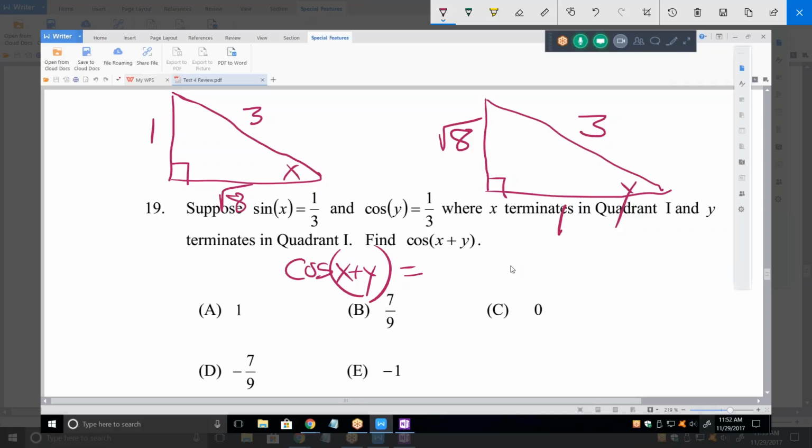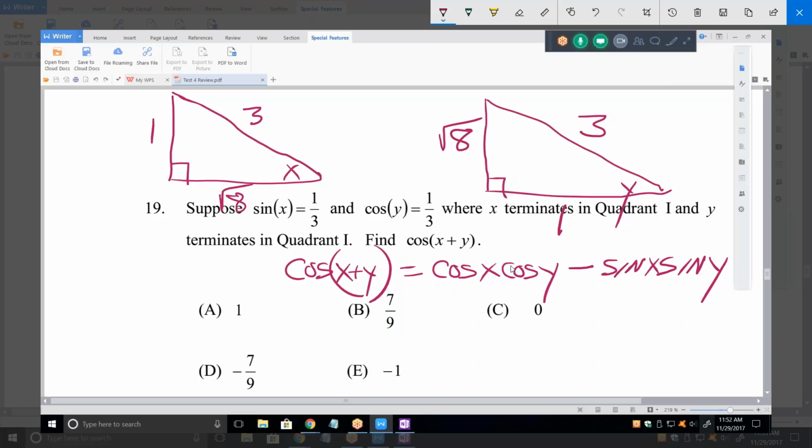So it'd be cosine x times cosine y, and then minus sine x times sine y. You see why that's a little easier to memorize? I had no decisions to make on the second cosine. It had to be the opposite angle of the x. Whereas when you're doing the sine one, you have to make a decision there.